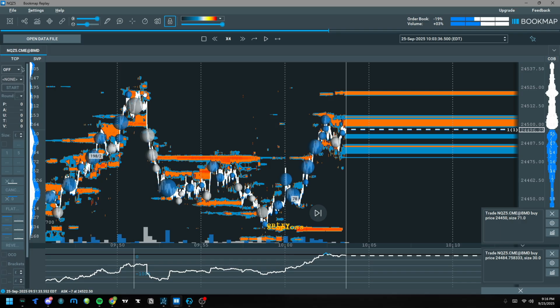All right, now you see here at this high, you see how we had orders here, and that's where we had that initial rejection down towards where we got our entry.